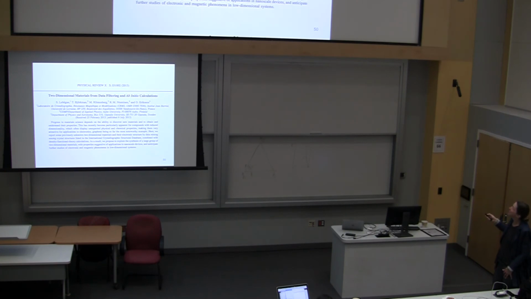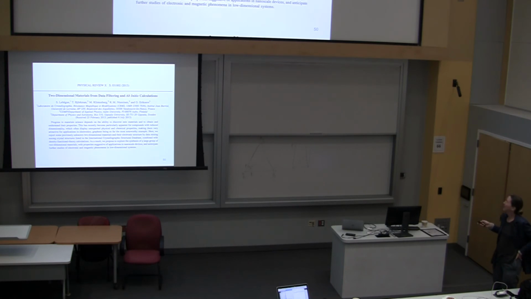Some examples of papers are ones where people searched for new two-dimensional materials using data filtering and ab initio calculations. Did you know this paper? Or? Oh, okay.